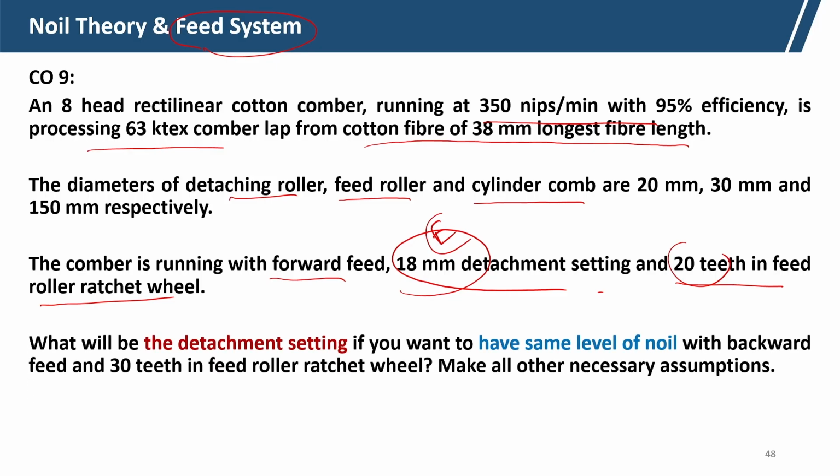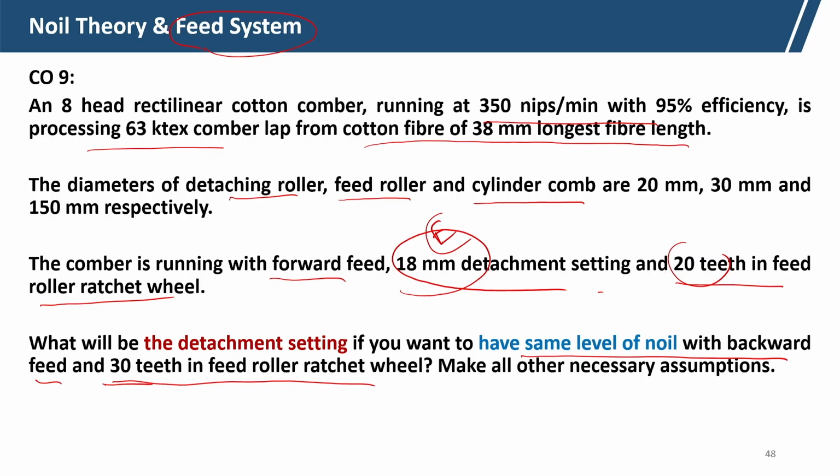What will be the detachment setting if you want to have the same level of Noil with backward feed at 30 teeth at the feed roller ratchet wheel?